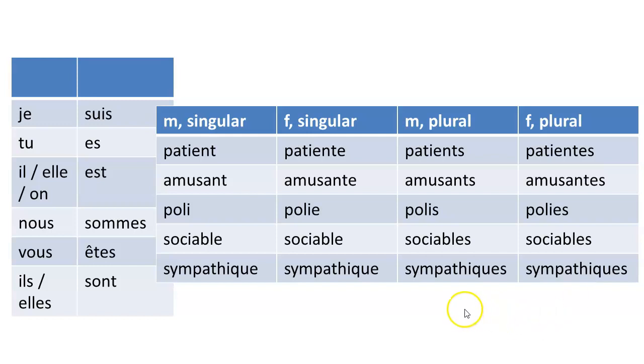Okay, so knowing that, well, you're ready to go. Let's go ahead and practice a little bit. Now, this is kind of a standard exercise that you'll find in a textbook where you have a subject pronoun and an adjective. The adjective is always given in the default masculine singular form, so you have to make the adjustments.